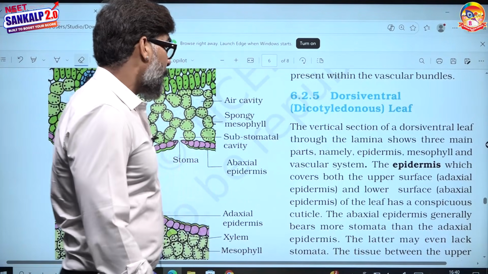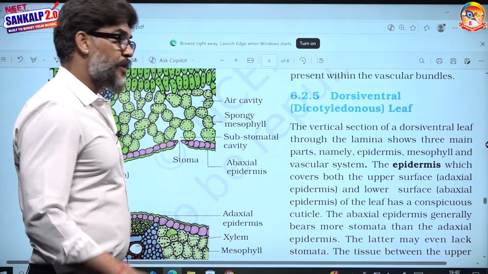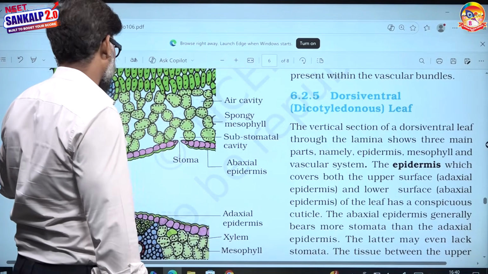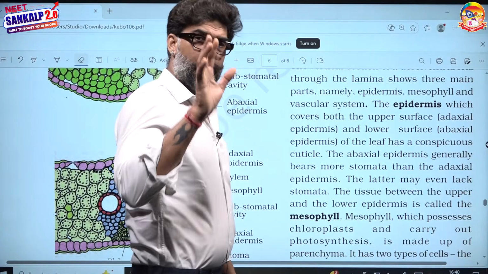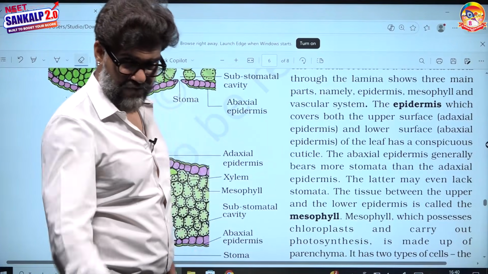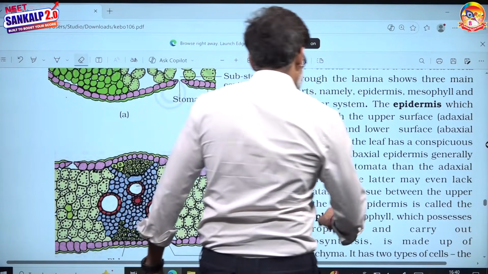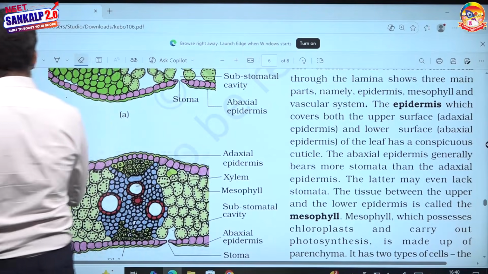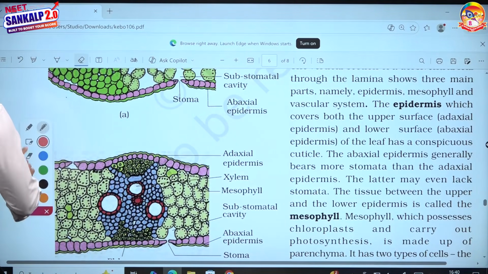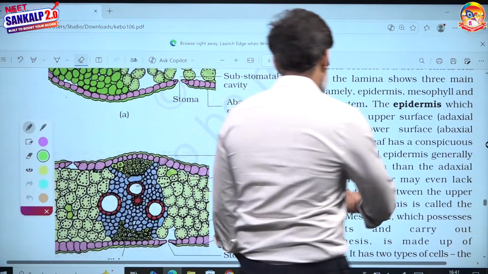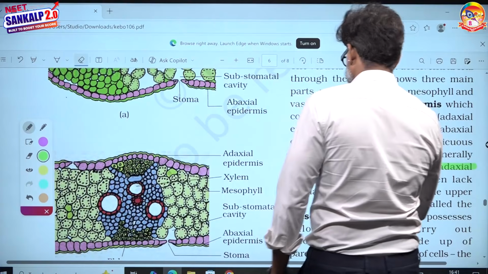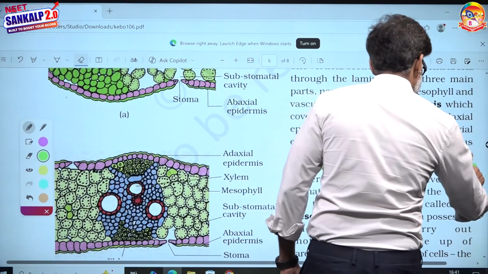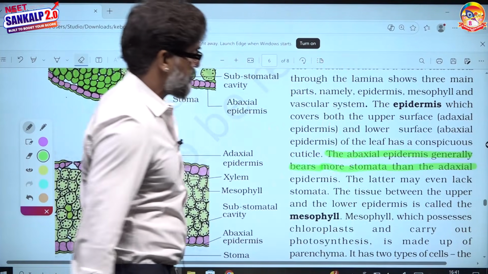Abaxial, that is the dorsal epidermis, generally bears a greater number of stomata. It is an adaptation so that more stomata remain present on the lower epidermis, the dorsal surface, the abaxial epidermis. So this fact should also be kept in memory: more stomata on the abaxial surface as compared to the adaxial surface.